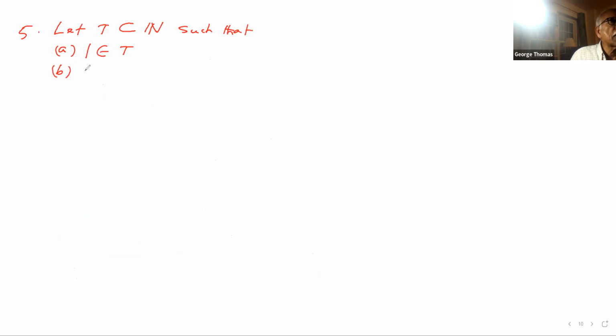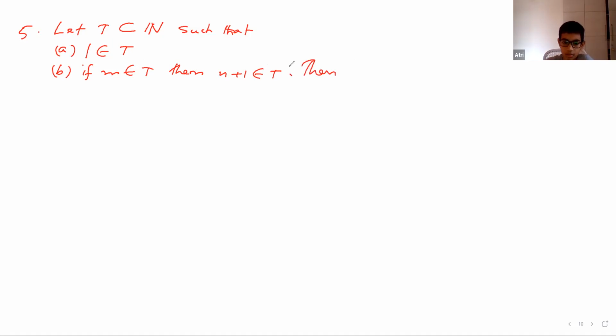B, if n is contained in the set, then n plus 1 is contained in the set. Think of sigma n as n plus 1. Then, if there is such a set, then T equals N.